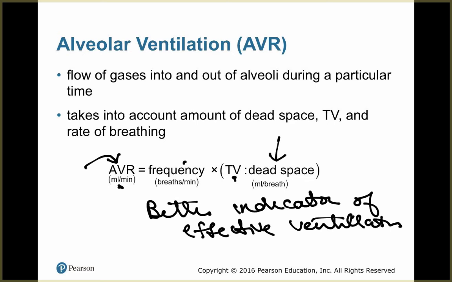And so here gives you a better idea of the amount of gas that you're bringing in versus the previous, when you were just looking at the amount of gas that flows into and out of the respiratory tract in 1 minute. This is actually giving an idea of the flow in and out, taking into effect your tidal volumes and your frequency both, right? So with rapid shallow breathing, you might be able to push a lot of that through, but in this case, it would actually decrease your AVR. So this is a better way of looking at things.